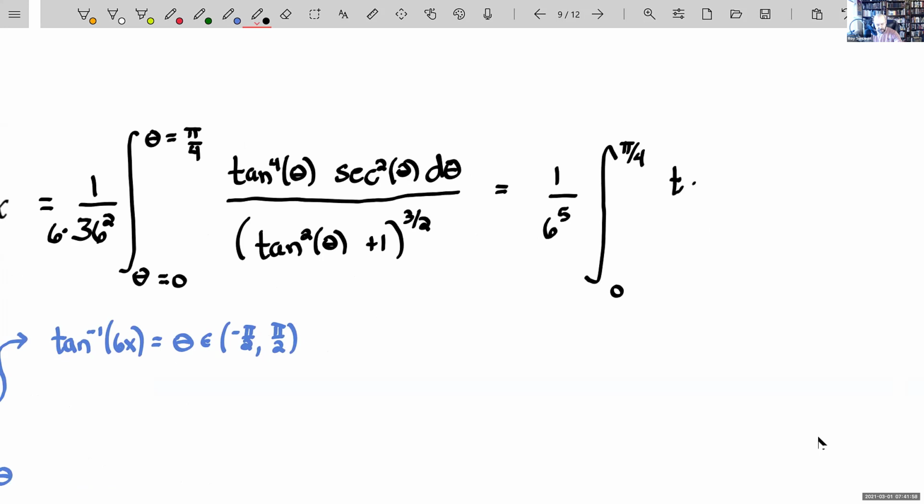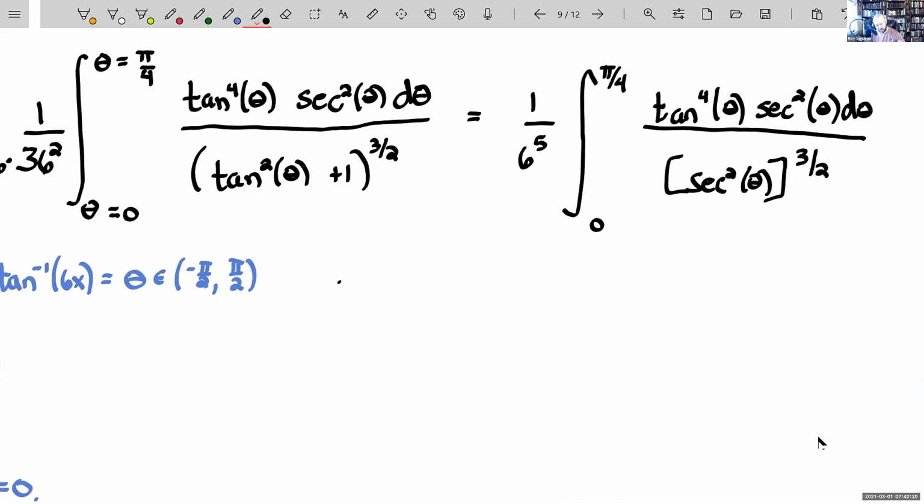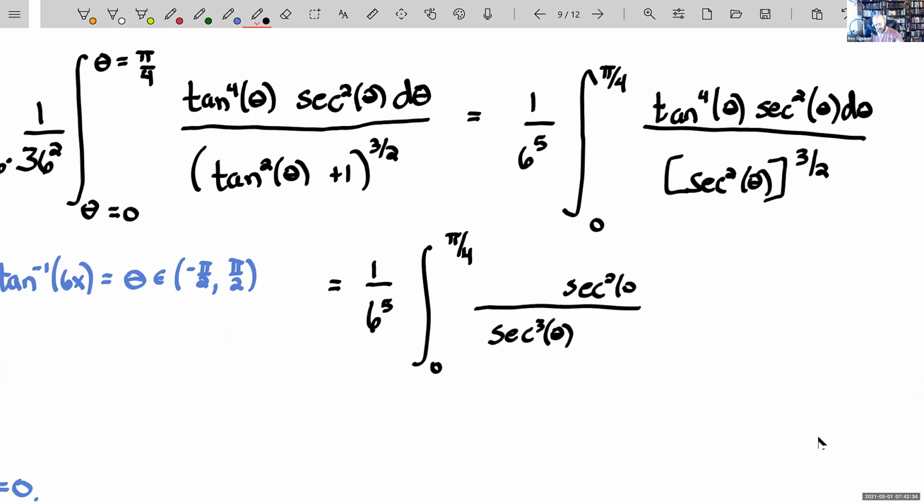And I'll rewrite that: tangent to the fourth, secant squared of theta d theta, and then downstairs we'll have secant squared theta to the 3/2, or in other words, the third power of secant. So this is equal to 1 over 6 to the fifth, integral from 0 to pi over 4, secant cubed downstairs. Upstairs, we have the secant squared, and then we have the tangent to the fourth.